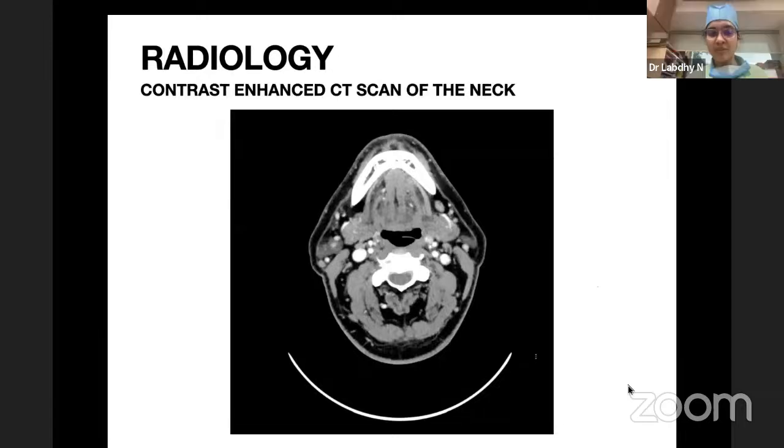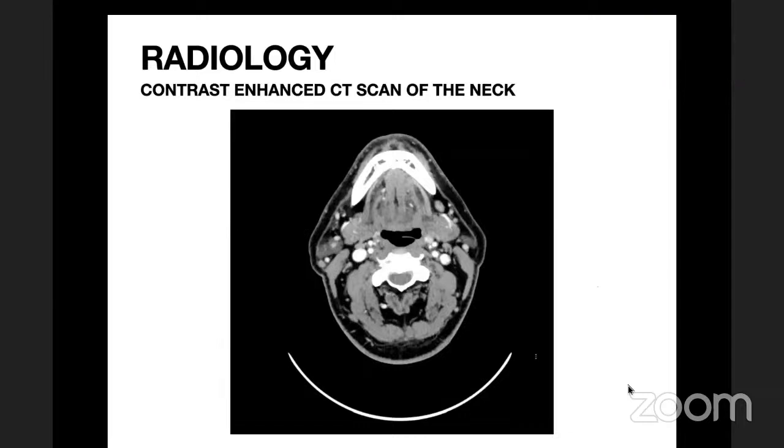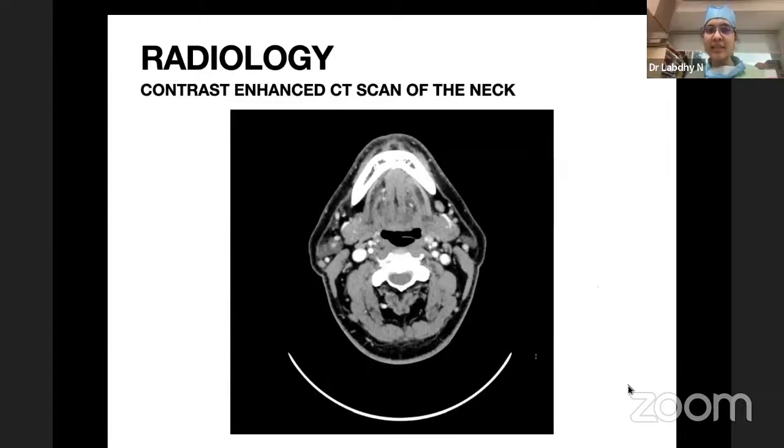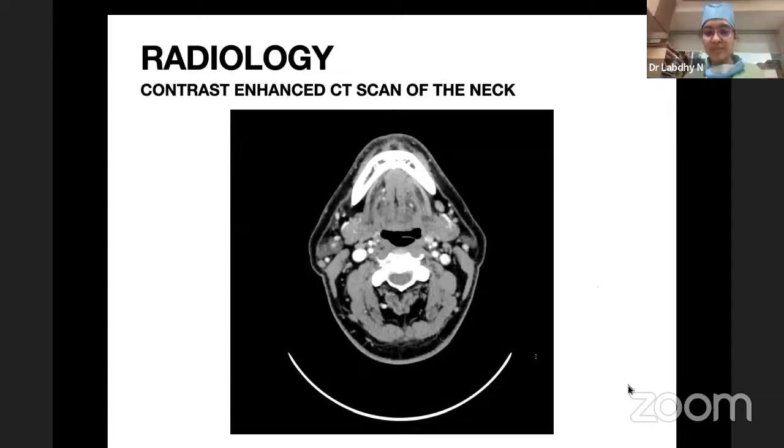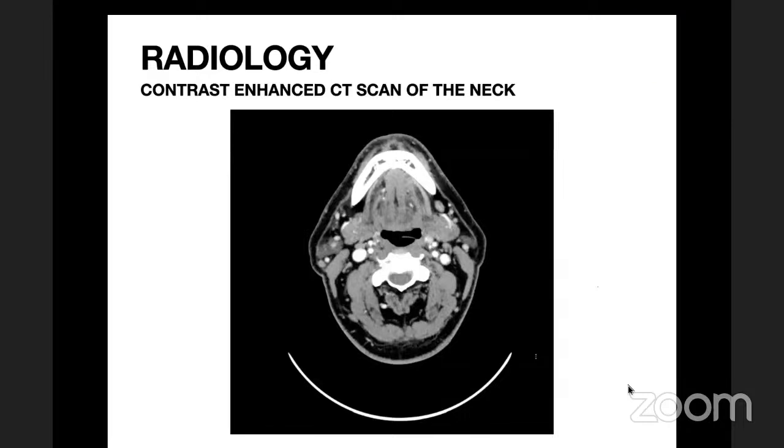You said the size, the shape, the presence of central necrosis, and whether there is any extralaryngeal spread, any nodal extension. That means if you've got any matted lymph nodes or lymph node groups, right? Yes, ma'am. Okay.